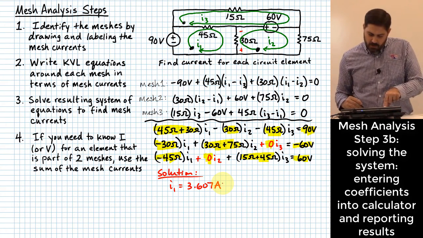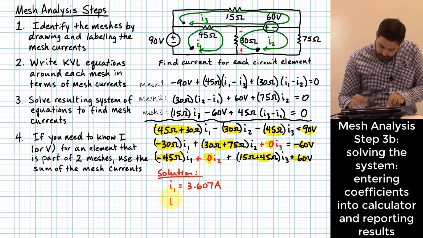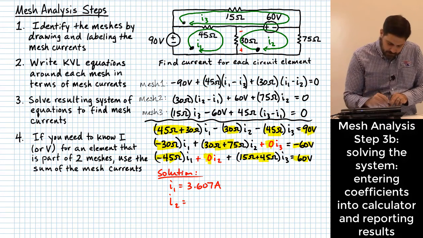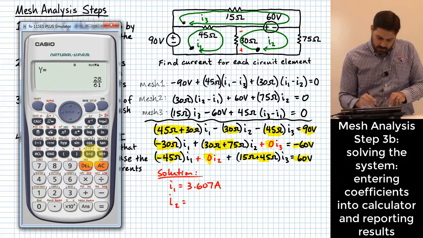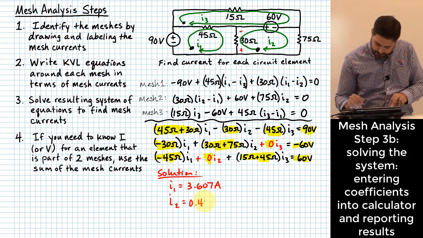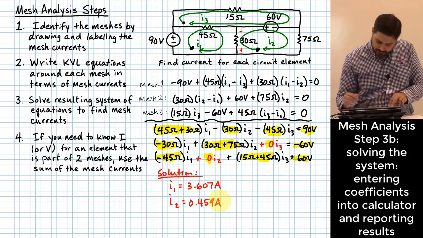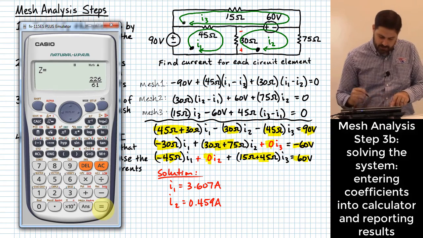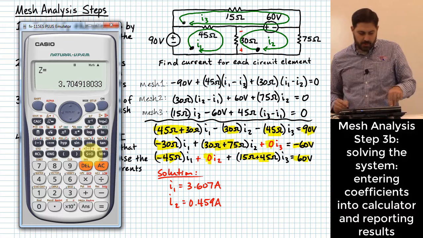What's I2? 0.459. And then lastly, 3.705.